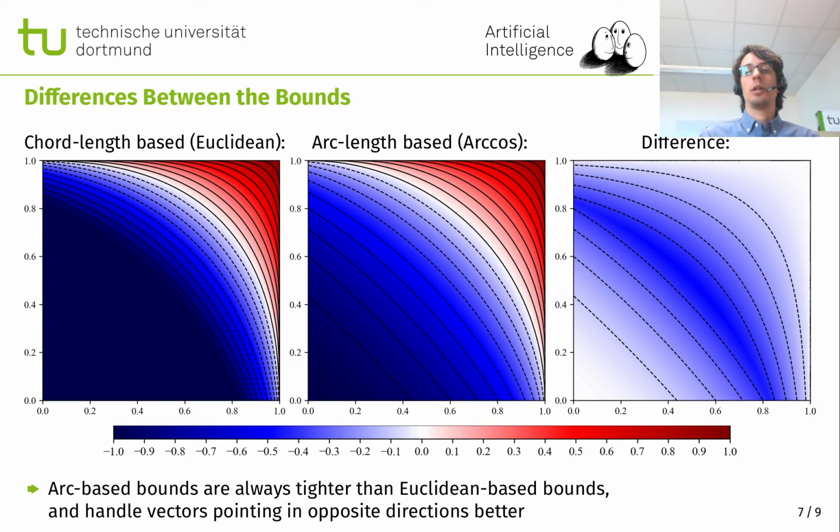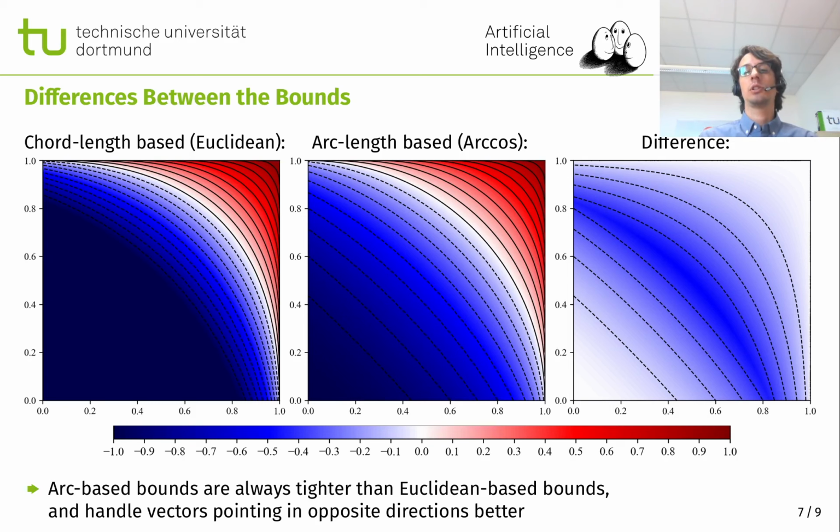But it's largest in the middle ground area, with both similarities being around 0.6. If we are actually doing similarity search with this, we are most likely in the top right area of this. And there, the difference between the two bounds is visibly not very large. It exists and the relative difference is still substantial, but it's not as huge as it may seem in this plot.